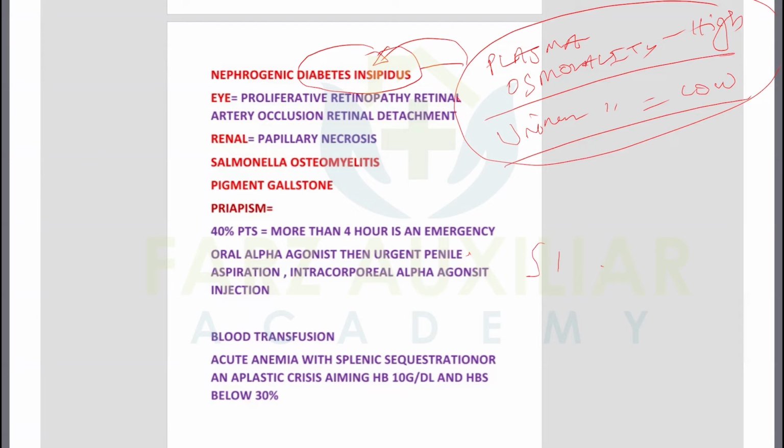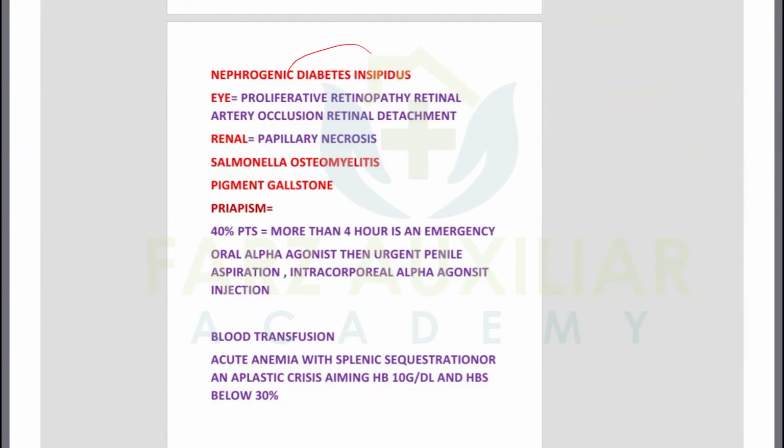And in SIADH, excess ADH, you can go for the low-high rule. High-low and low-high. So whenever there is diabetes insipidus, you should think plasma osmolarity should be high, urine osmolarity should be low. This rule from endocrine knowledge you should apply so that you can easily diagnose diabetes insipidus.